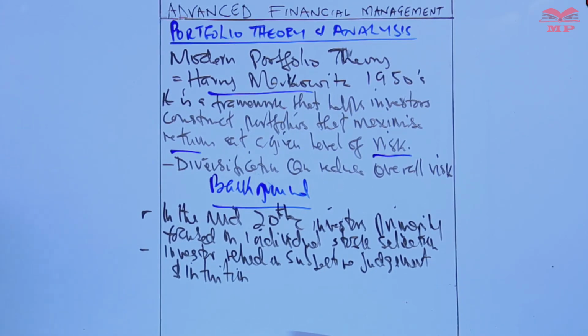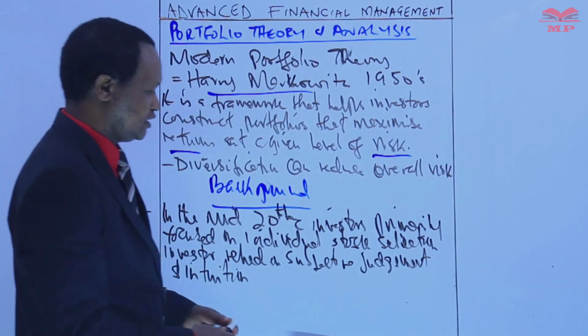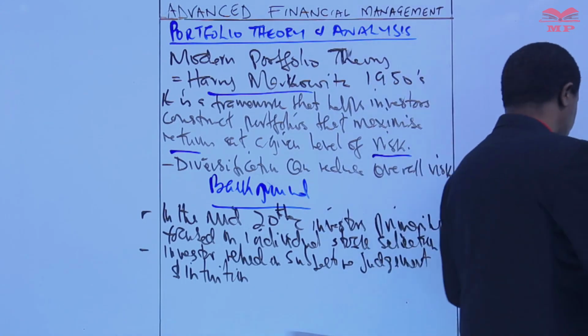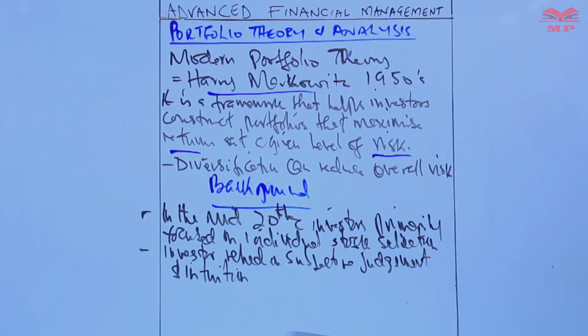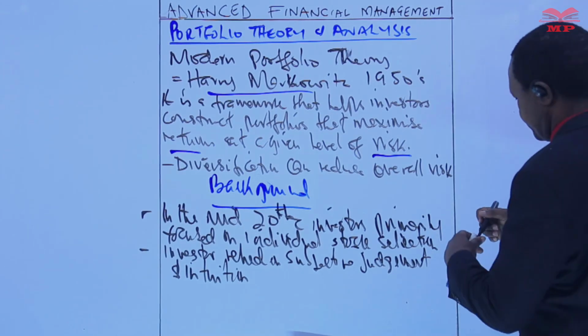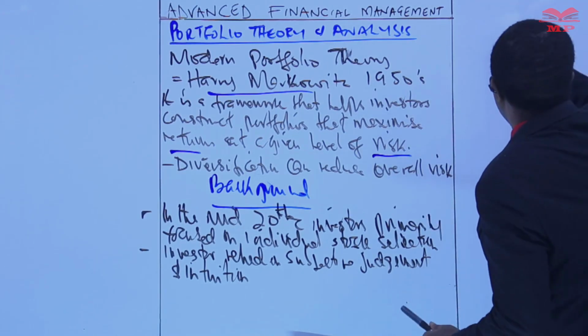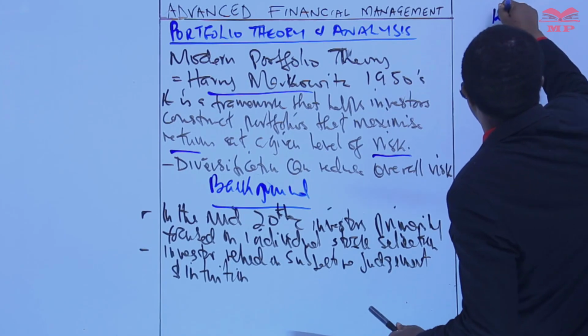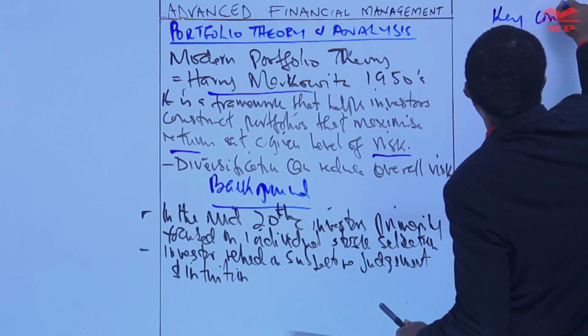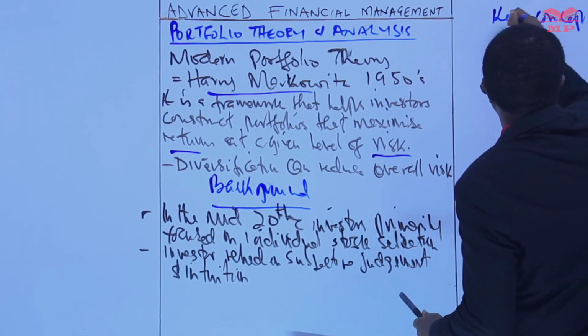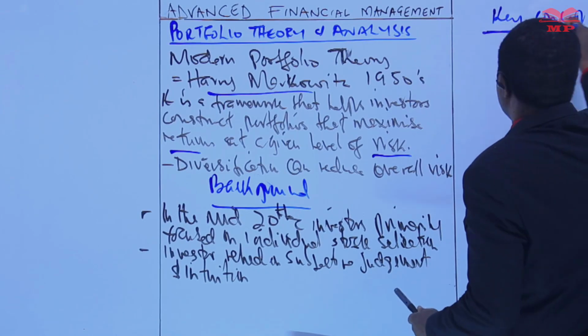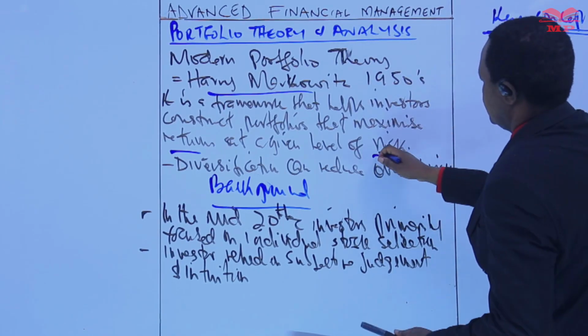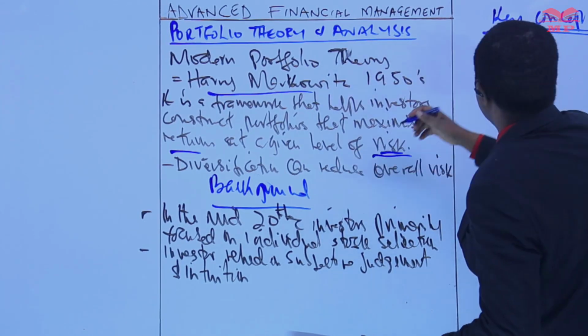All right, thank you. So let's briefly discuss a few concepts of the modern portfolio theory, some of the key concepts. And the key concepts here, candidates, start with risk and return.